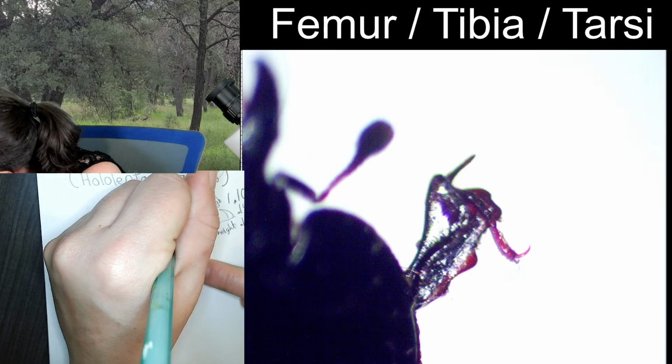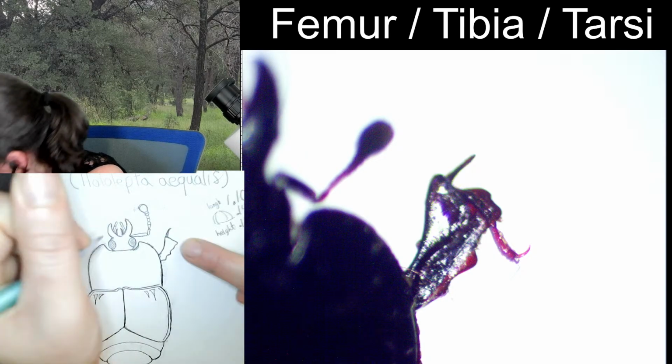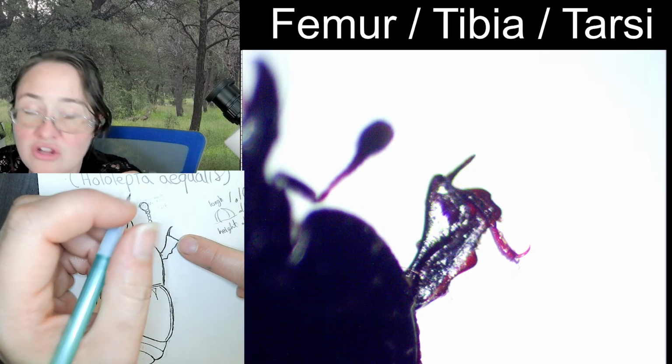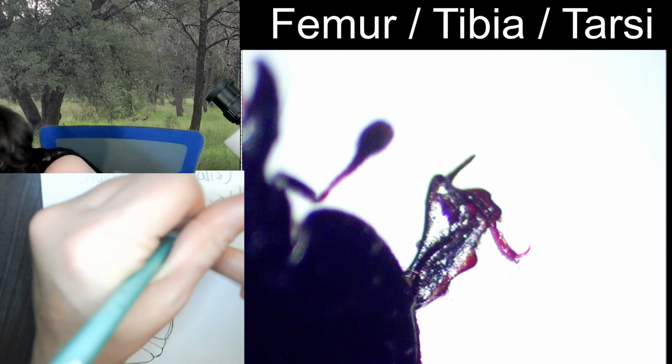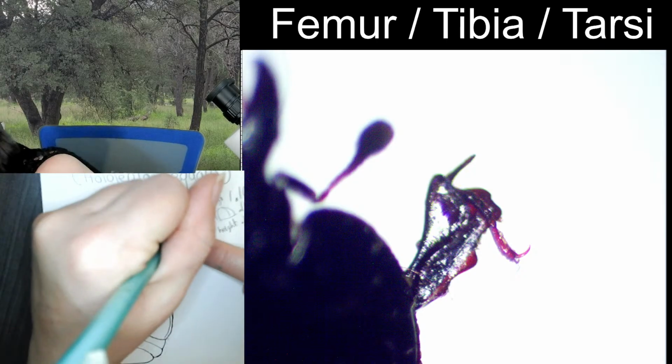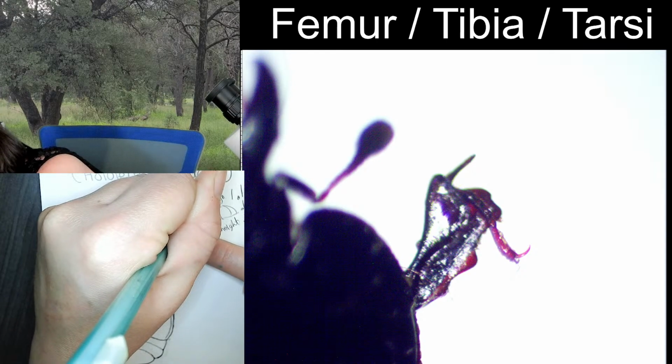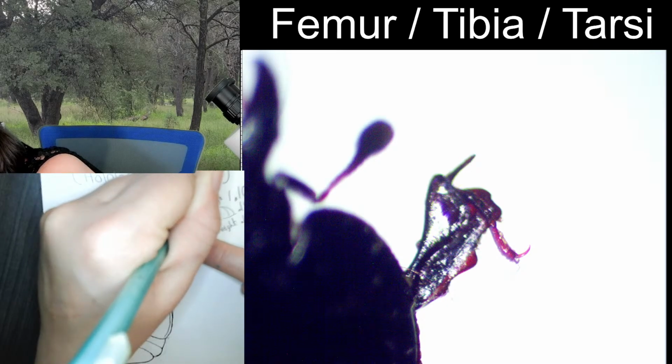You also get the tibial spine here, so that guy on the inside. And then, coming along here, we get those 5 tarsal segments. Those look like this. 1, 2, 3, 4.